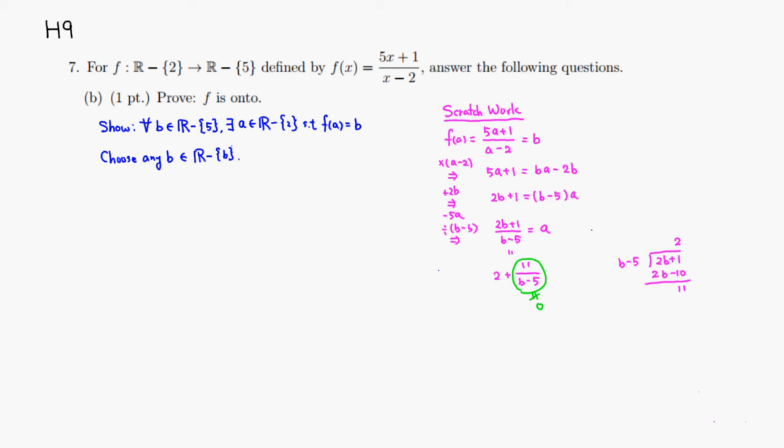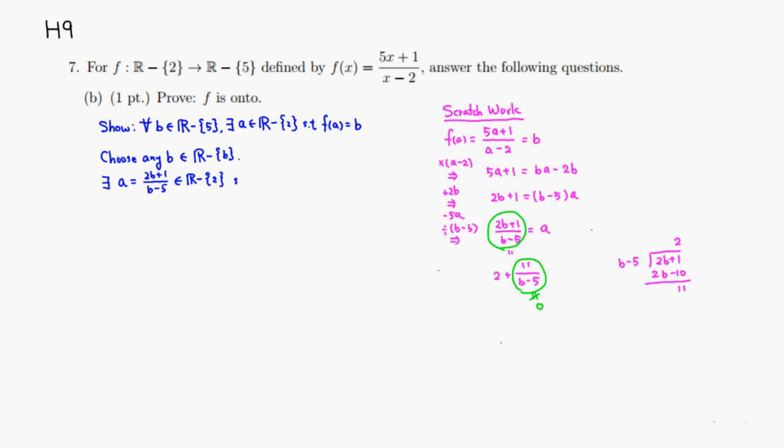Then we know that there exists a, which is of the form 2b plus 1 over b minus 5. That came from the scratch work right here. And we verified that this is actually a real number and is never equal to 2.